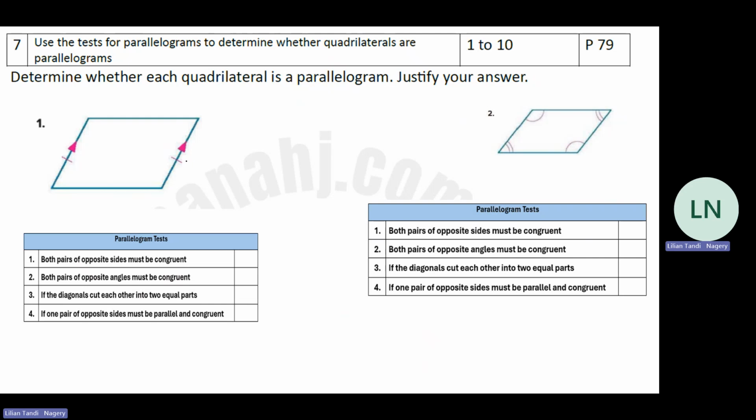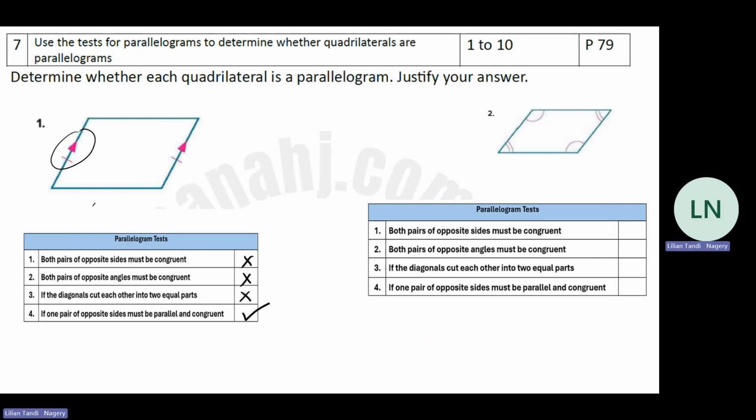So this pair and this pair, okay? I don't have that information for that. Both pairs of opposite angles must be congruent. I don't have angles. If diagonals, there's no diagonals. And then if one pair of opposite sides must be parallel and congruent. So yes. So here, this was la, this is la, this is la, and this is star.